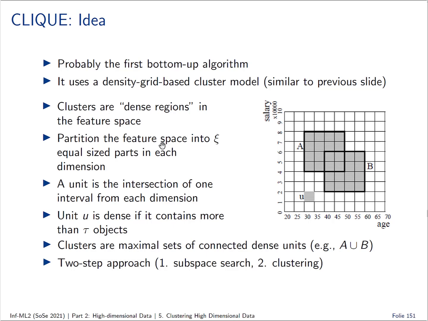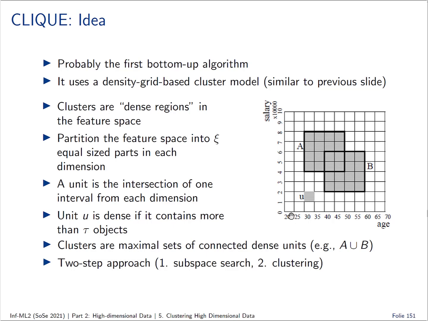That means we partition each feature into xi equal-sized parts. So we see here we have the salary feature, and it is divided into 10 partitions, 10 intervals, and the same holds true for age. The second feature, age, is also partitioned into 10 intervals, and all the intervals have the same side length.